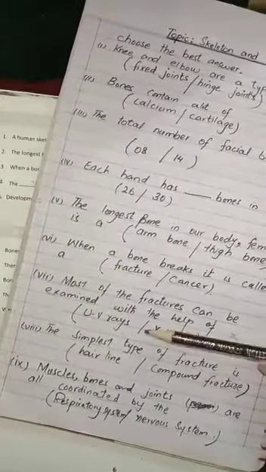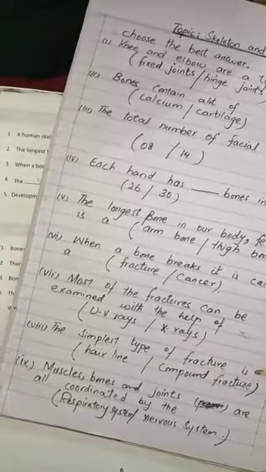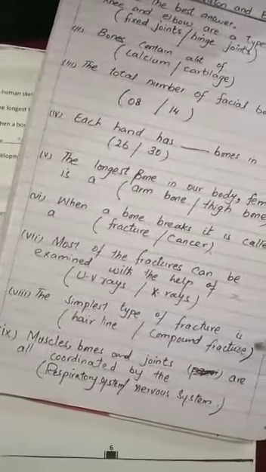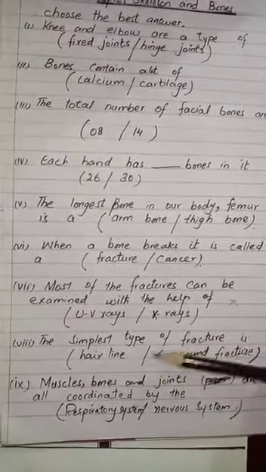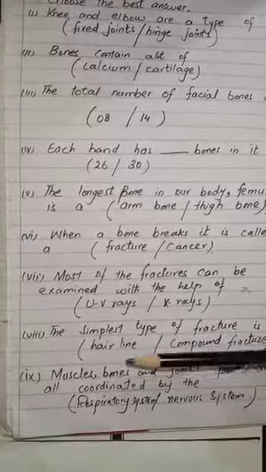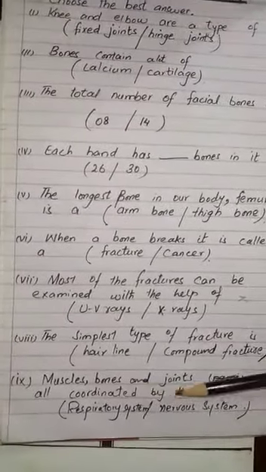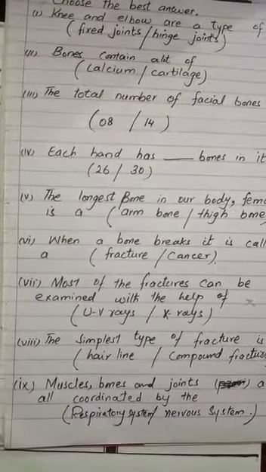And the next is, the simplest type of fracture is hairline fracture or compound fracture. As I told you, you can also find from the fracture portion which fractures are very severe in nature. But in this you have to tell about the simplest type of fracture. And then muscles, bones and joints are all coordinated by the, as I told you, all our body organs are coordinated by what?